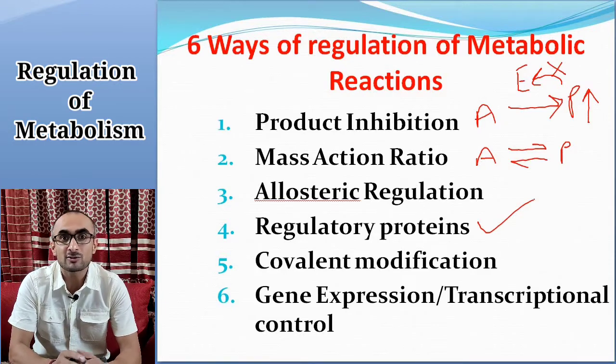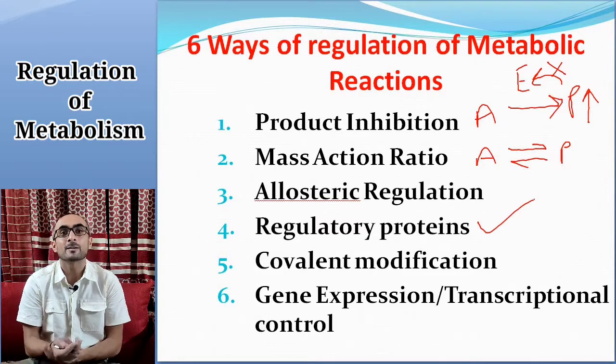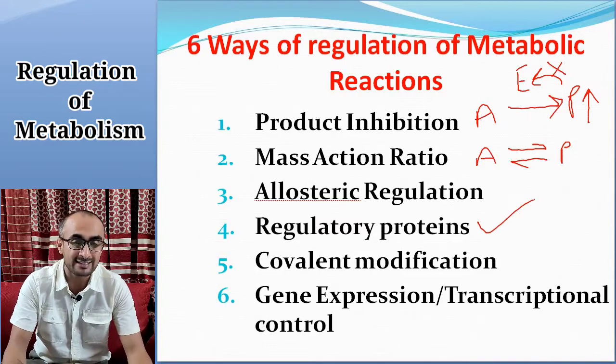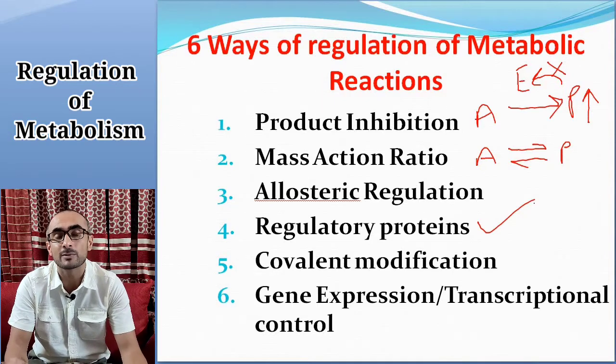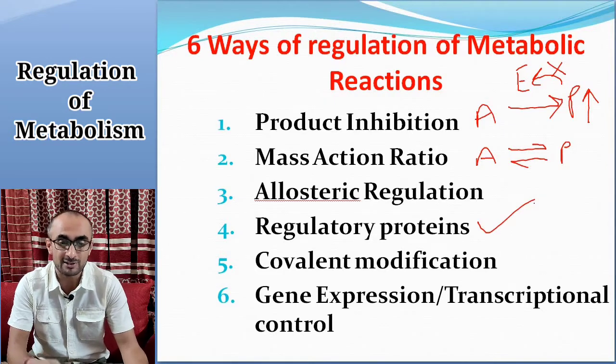When a phosphate group is transferred from a nucleotide triphosphate to an enzyme, that enzyme becomes activated or deactivated by the action of kinases. You call them kinase enzymes, which transfer a phosphate group from a nucleotide triphosphate to a target enzyme involved in a metabolic reaction.